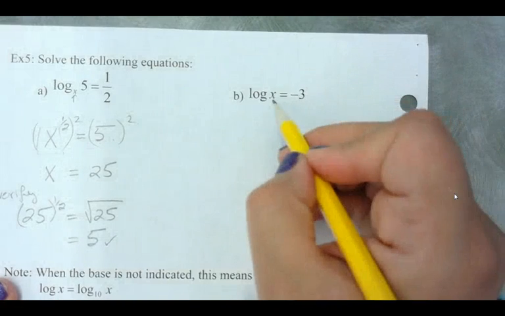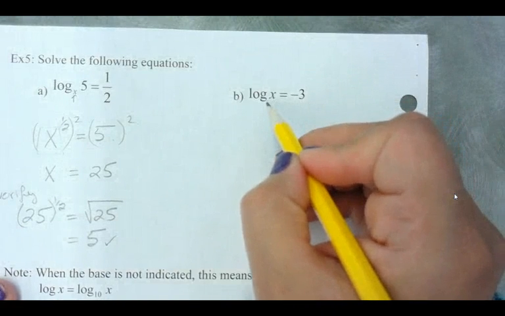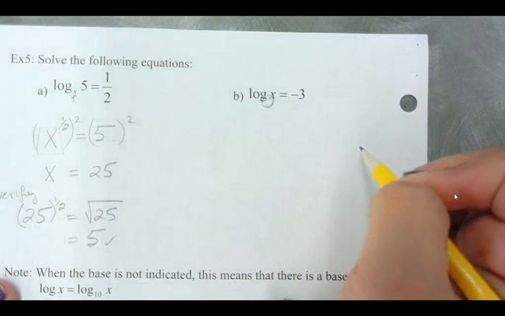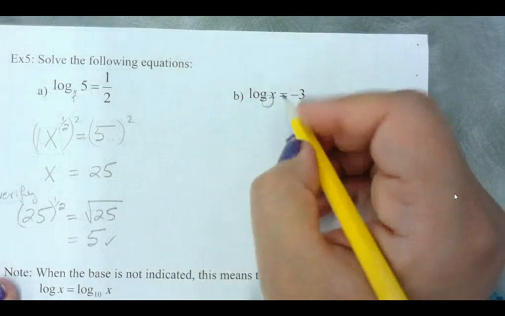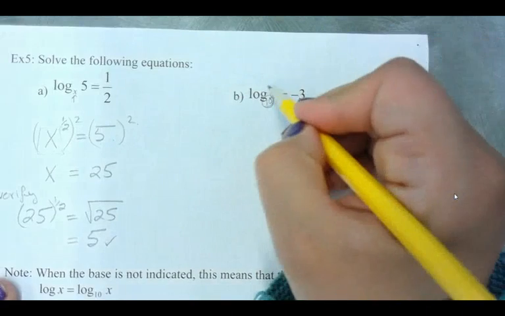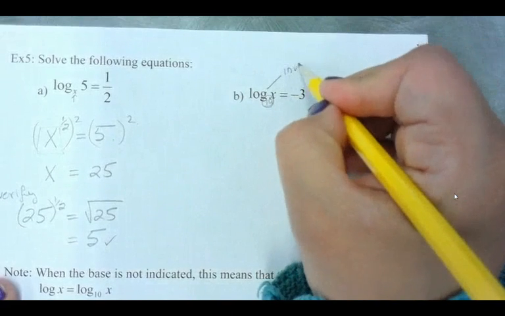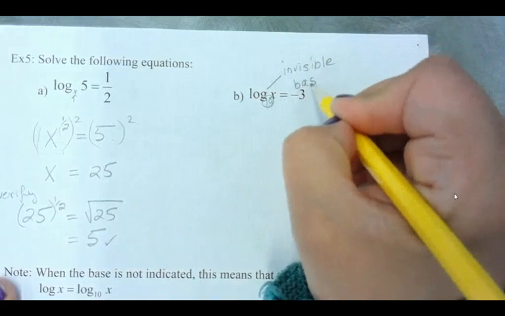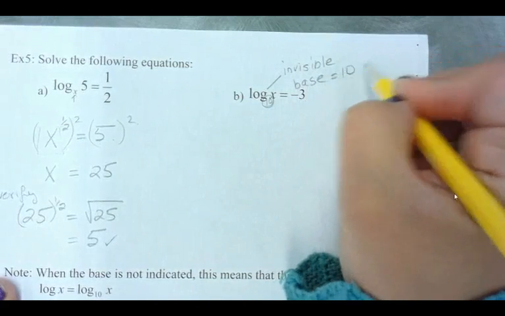Okay. Now, remember what I said about a missing base? There's no base written there, so what do we imagine it is? 10, right. So an invisible base means that it's 10.